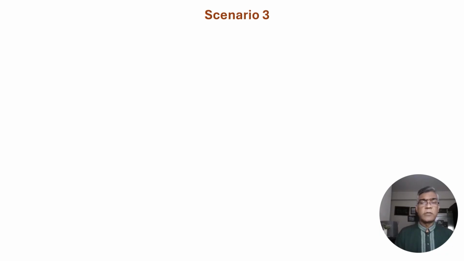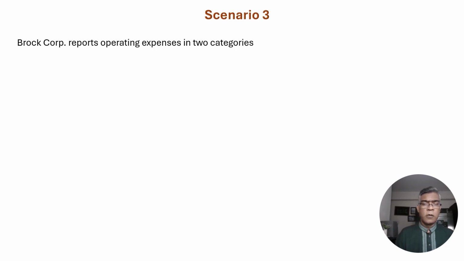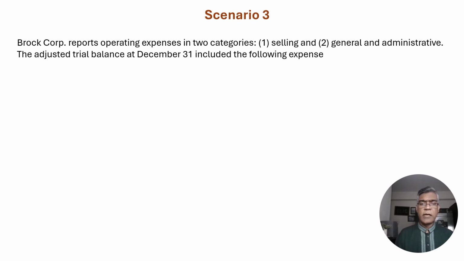So scenario 3. In this example, we will discuss selling expense. A key principle to remember: focus only on costs directly related to selling activities. Let's see the scenario. Rock Corporation reports operating expenses in two categories: selling and general and administrative.